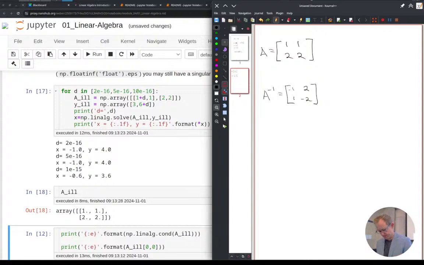The other way. Is it? Yeah, the other way. Sorry. All right, so 2 1 -1 -2. Let's try that, and then multiplied by 1 over 2 times 1 minus 2 times 1.